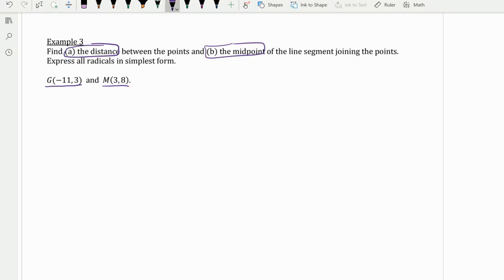Okay, so let's see how you did. If I'm going to find the distance between these 2 points, I'm going to do a big square root. If you need to label your points, you can: x1, y1, x2, y2. I'm going to do -11 minus 3, squared, plus 3 minus 8, squared.